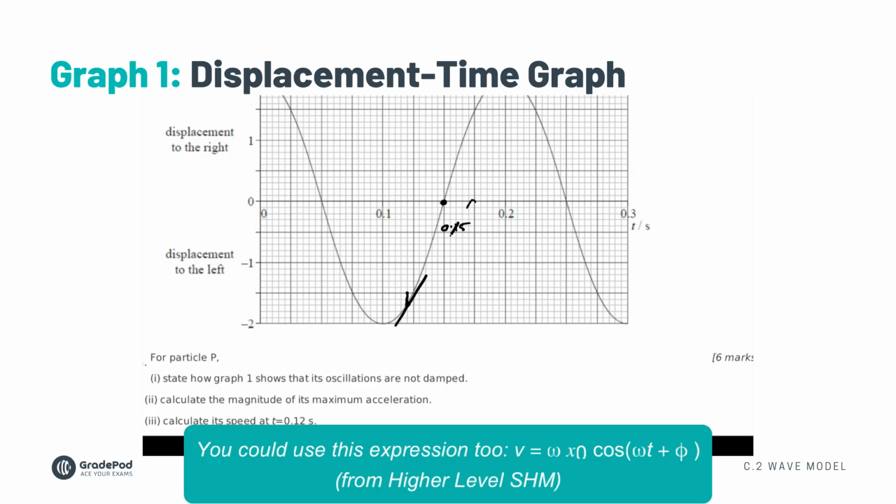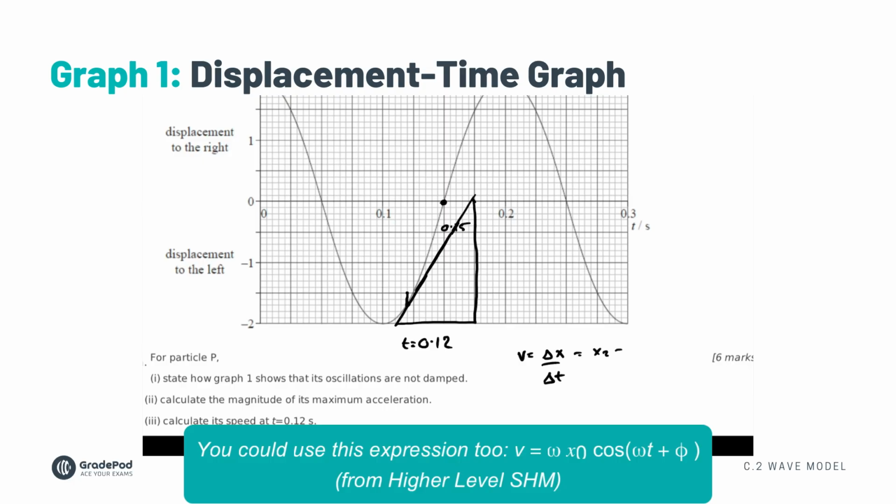So we draw a line. That's not a very good line because I'm using a ruler on top of an iPad. You'd obviously use a pencil, with a nice straight line and a ruler, and you'd create a tangent to the line at t equals 0.12. Once you've got your tangent, you then find out what the gradient of that tangent is. So v is equal to the change in x over the change in t, that's the gradient.